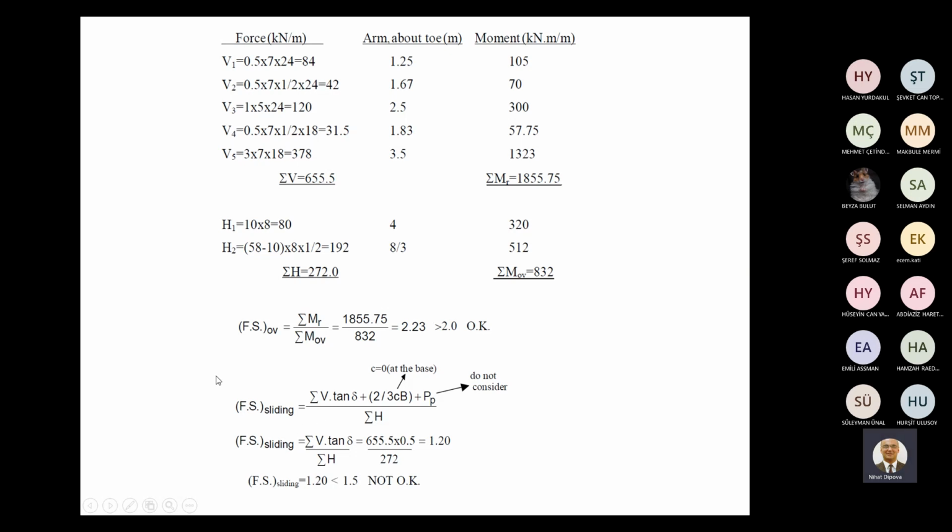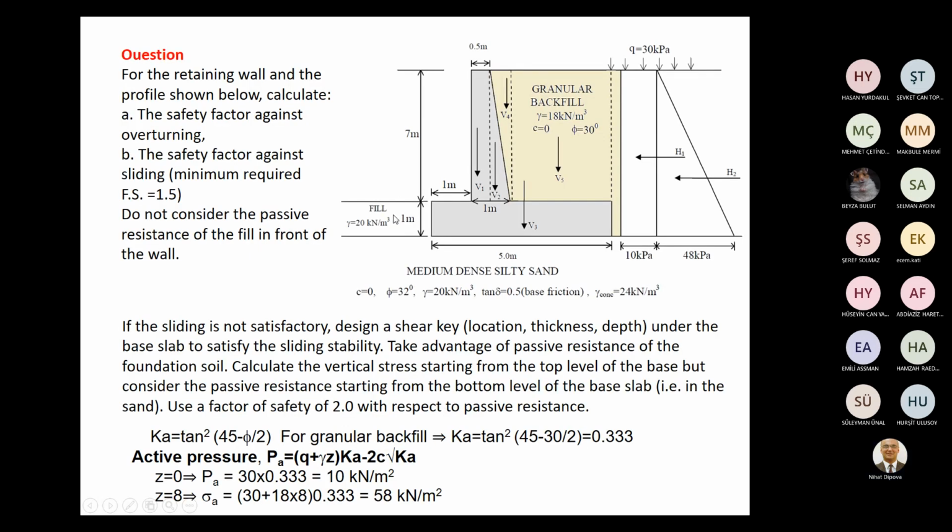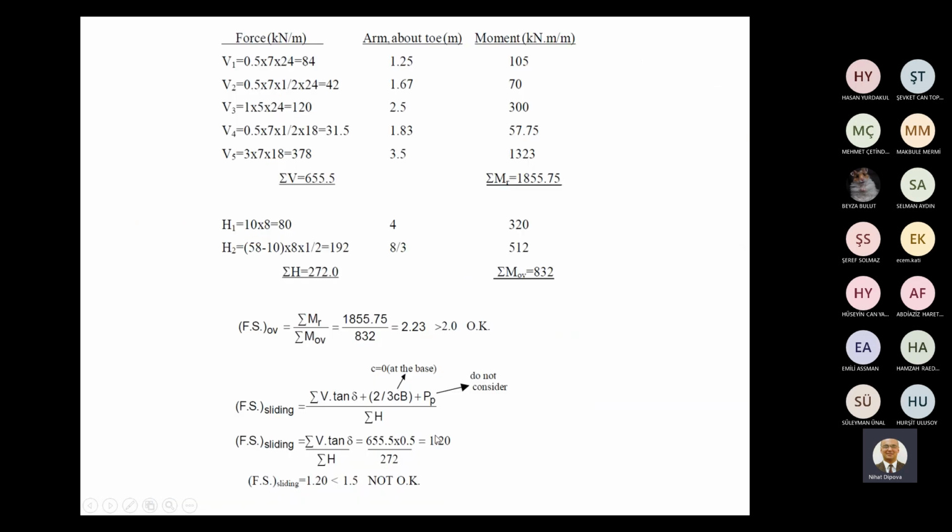Safety factor for sliding: as I said before, sometimes for smaller backfill in front of the wall, passive pressure is generally not considered. So safety factor for sliding is 1.2.